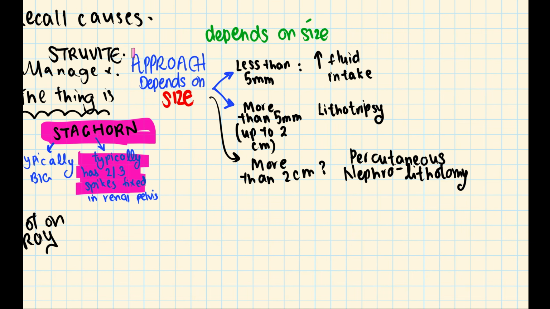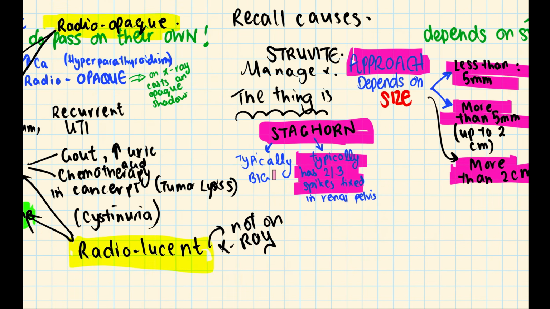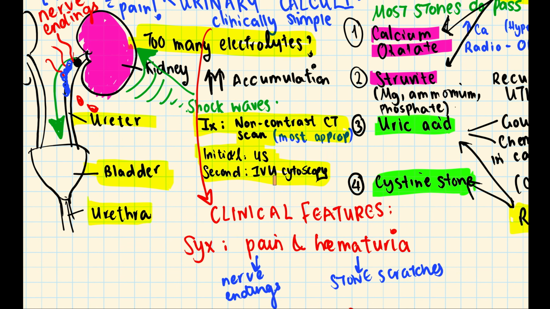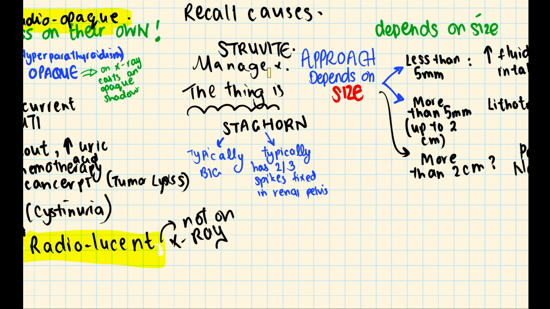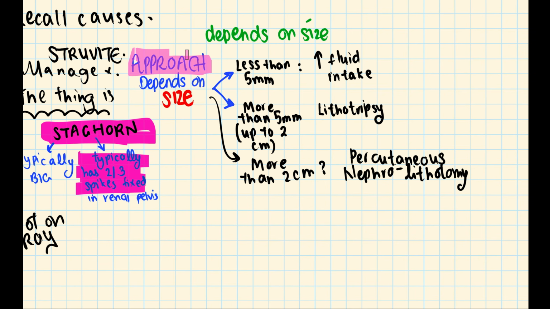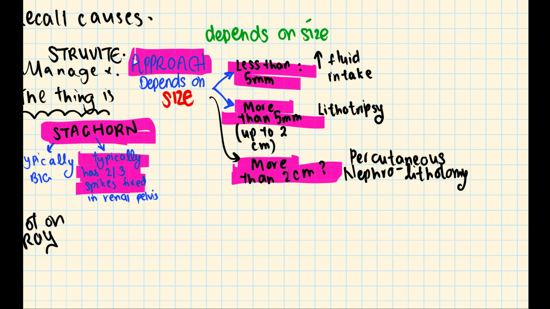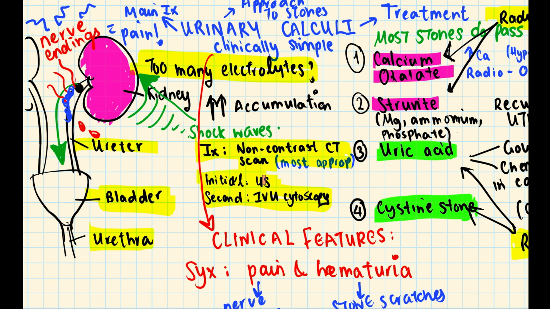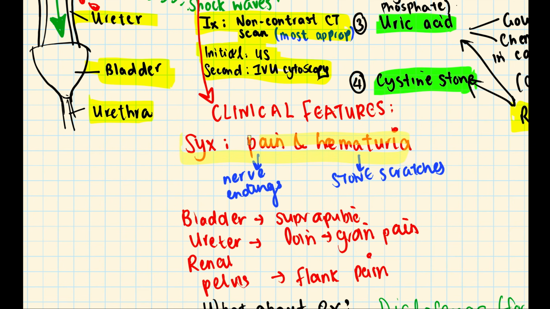For the intermediate level, remember Staghorn stones, and also remember the approach. The approach is very important clinically, but I'm still marking it as intermediate level for people doing pathophysiology. The approach to the stones depends on their size: less than 5 mm fluids, more than 5 mm lithotripsy, and more than 2 centimeters percutaneous.